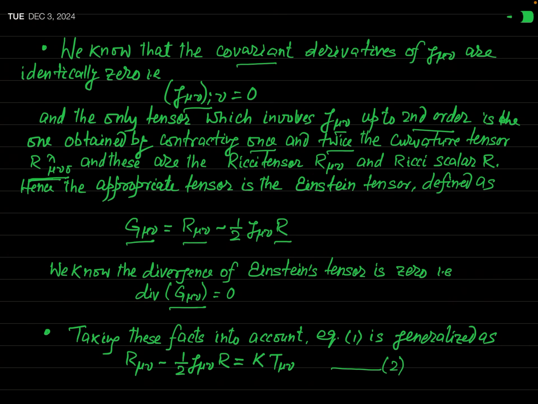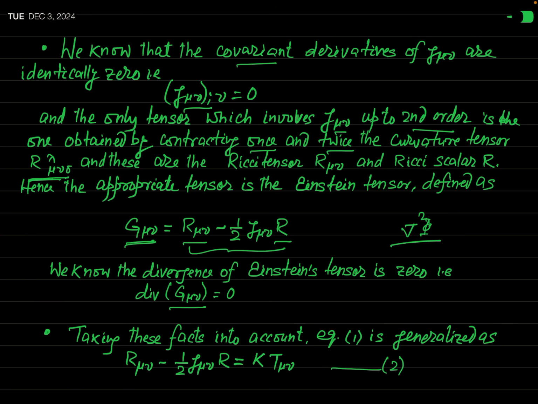So Einstein's tensor G mu nu, which is defined like this, satisfies all those criteria, and therefore Einstein suggested that in Poisson's equation this del square phi must be replaced by Einstein's tensor.